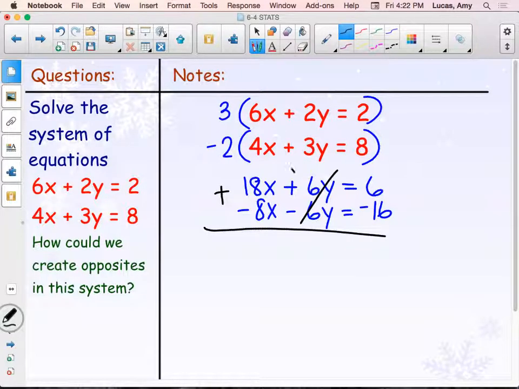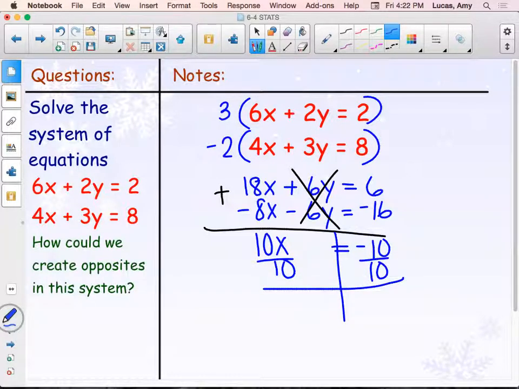The y's have eliminated. 18x plus negative 8x is 10x, and it equals negative 10. If I divide by 10 on both sides, x equals negative 1. So my x coordinate is negative 1.